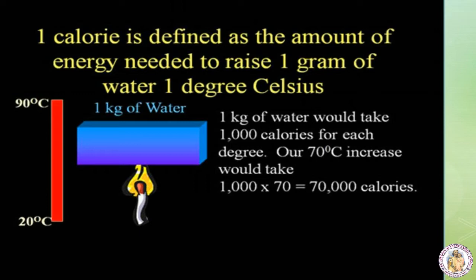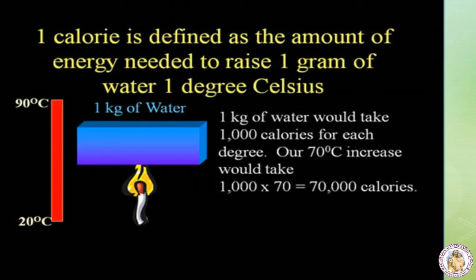In this, we are applying heat on 1 kilogram of water. So how do we find it? 1 kilogram of water would take 1000 calories for each degree. For example, for 1 degree 1000 calories, for another degree another 1000, so 2000 calories.